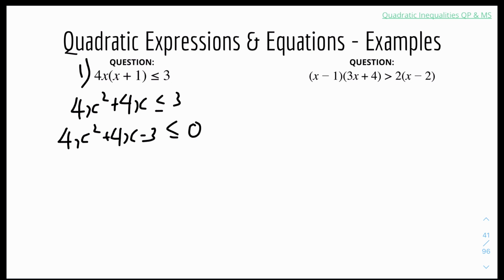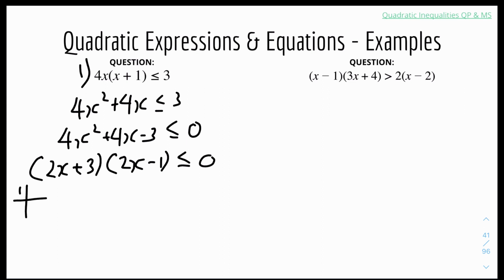So you can factorize this equation to become 2x plus 3 and 2x minus 1. So we know that it's a positive graph, like so, and it's smaller than or equal to, so it's between, like in the middle, because it's smaller than or equal to 0.